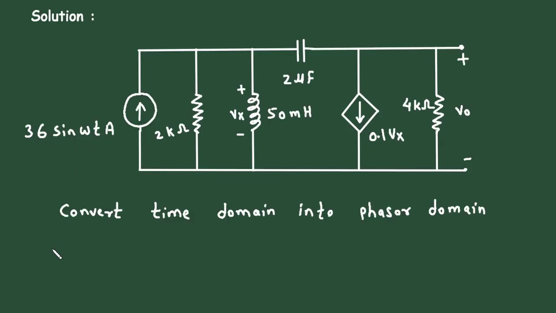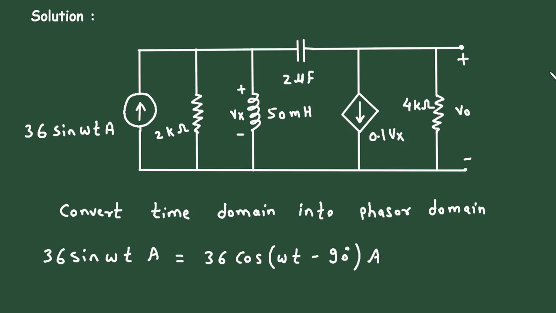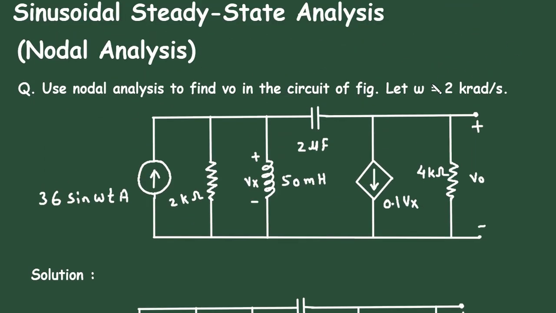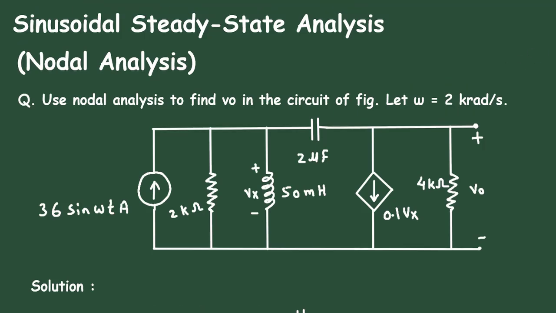So here we can see this is 36 sin omega t ampere. So first of all, we need to change this into standard form. In standard format, it will be 36 cos omega t minus 90 degree ampere. Now the value of omega is given. Omega is equal to 2 kiloradian per second.